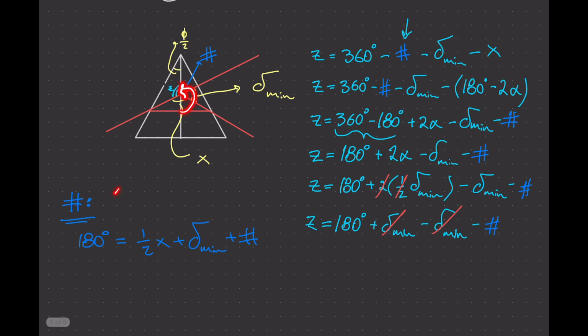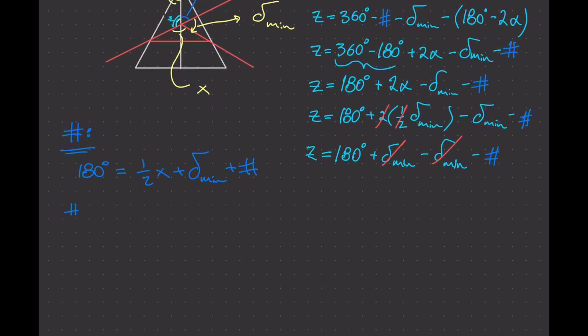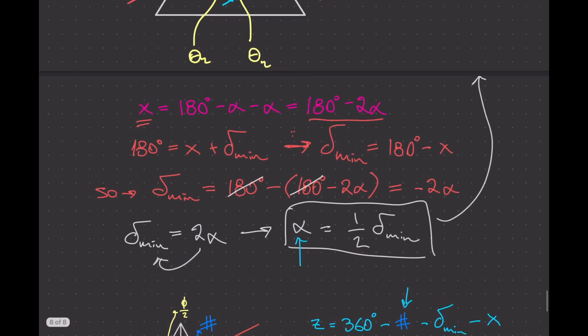So 180 degrees, we break that up into 3 different angles, 1, 2, and 3 over here, and we can see those 3 angles right here. 1, that's the half x, 2, that's the delta min, and 3, the blue hashtag, which is what we're looking for. So since we're looking for the blue hashtag, I'm going to isolate for it, keep it on the left-hand side of the equality here, and I'll get 180 degrees minus 1 half x minus delta min. Looking good. And delta min we can actually keep. Delta min is what we need to give our final answer in.